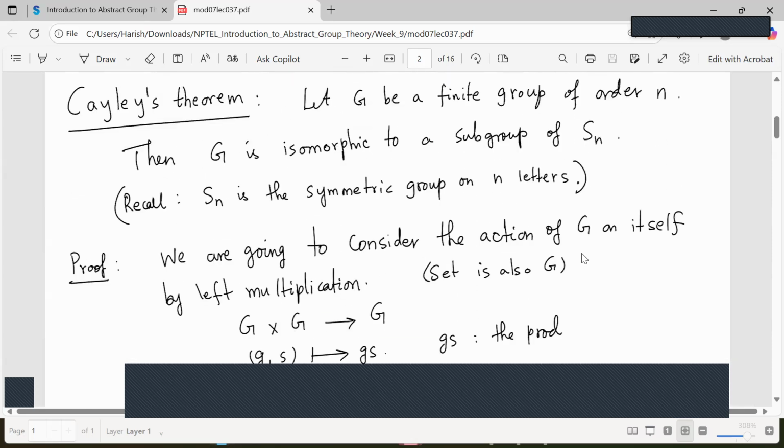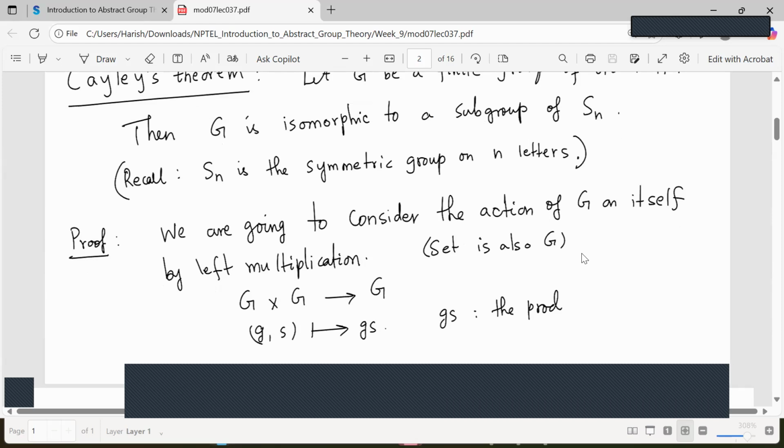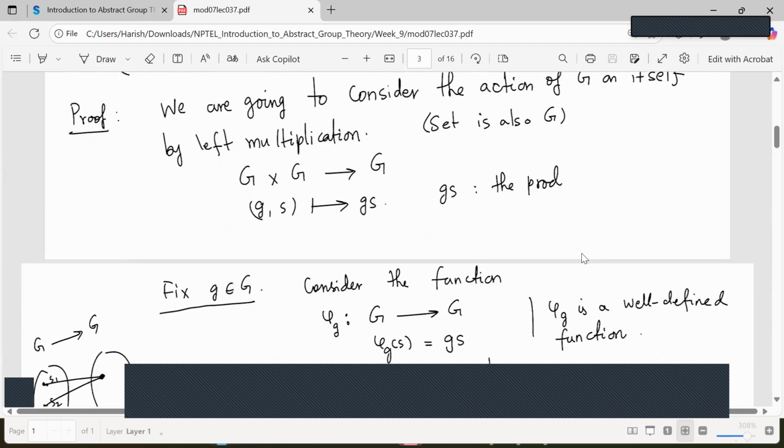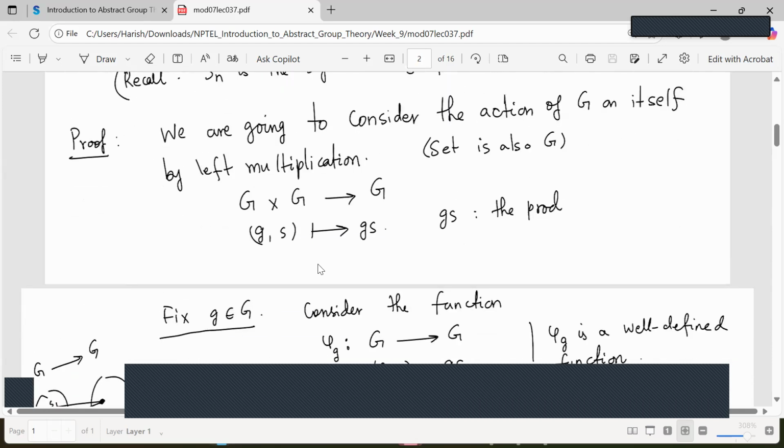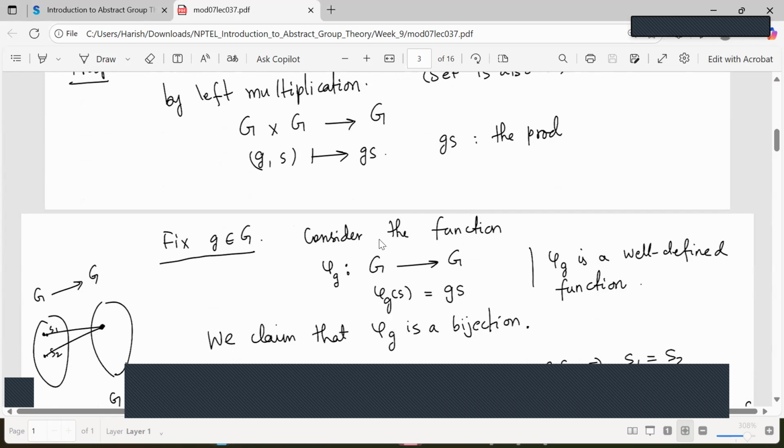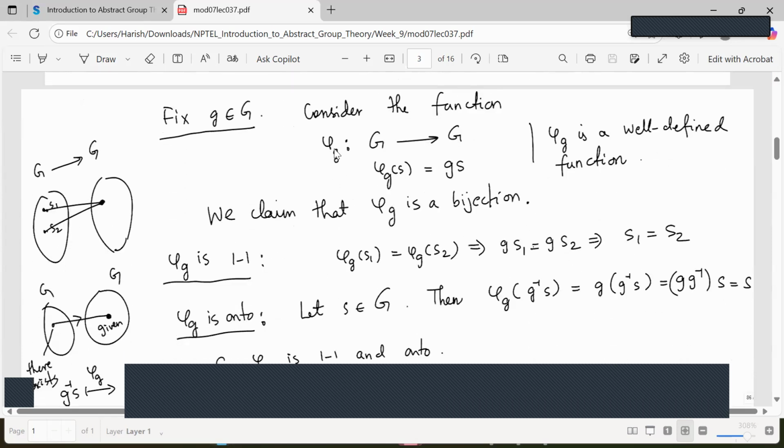Since Sn is just a group of bijections on n symbols, we have to realize each element as a bijection. For that, we first look at the left multiplication action on G, which sends the tuple (g, s) to the product gs, and then we look at the function phi g, which is defined from G to G.